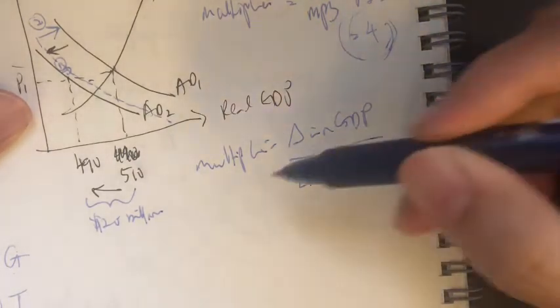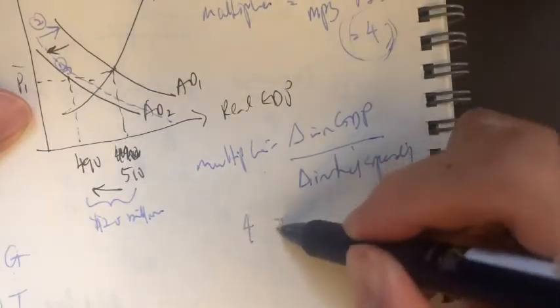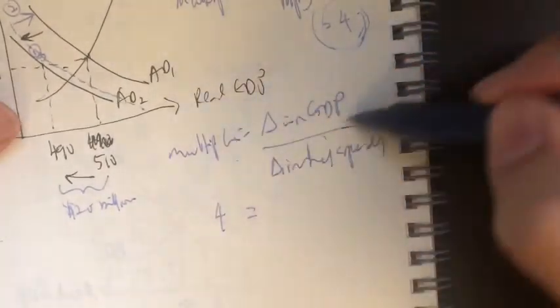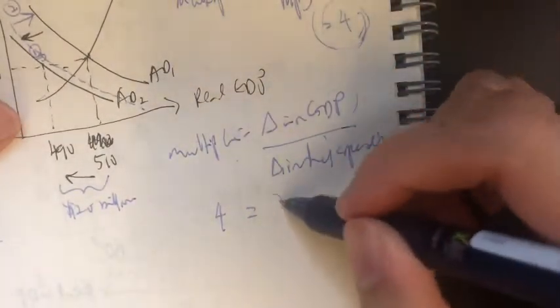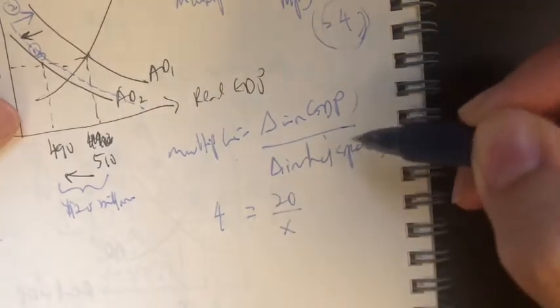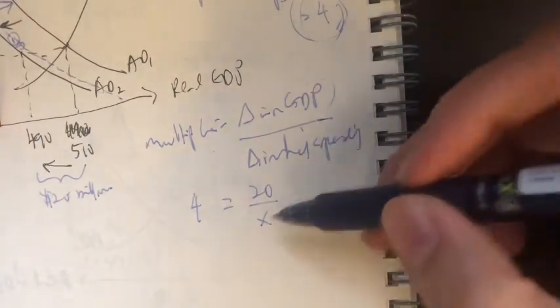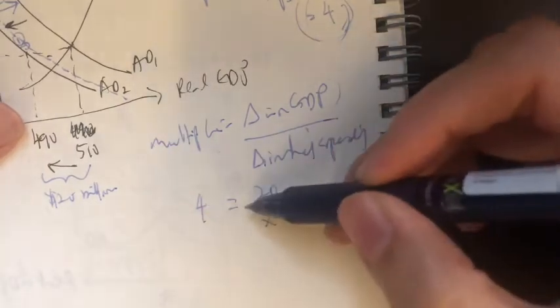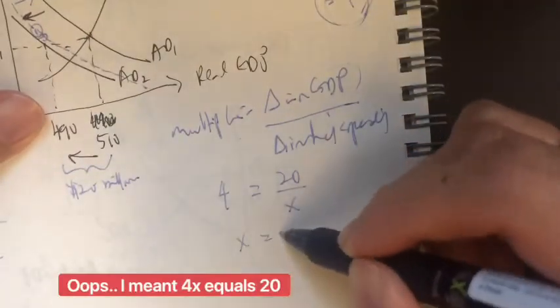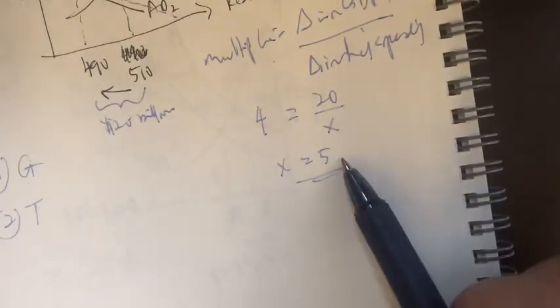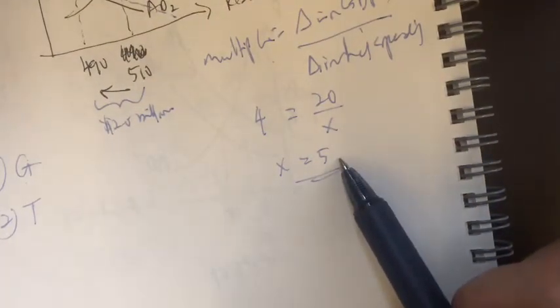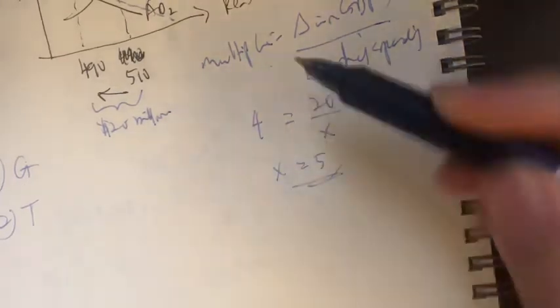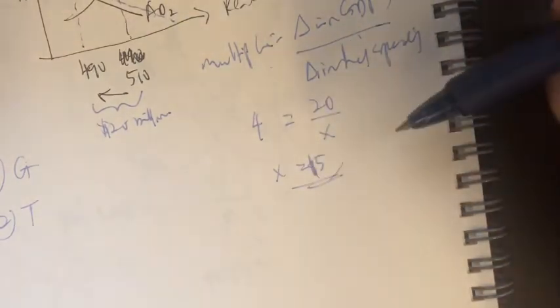So now we know the multiplier is 4, and we know the change in GDP is 20, but we don't know this. This is our x, the unknown. So how can we get x? Just normal algebra, it becomes 4x = 20. So x is 5. Basically the amount of initial change that we have to take first is 5 billion.